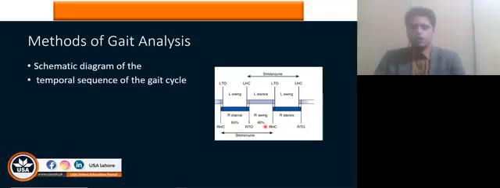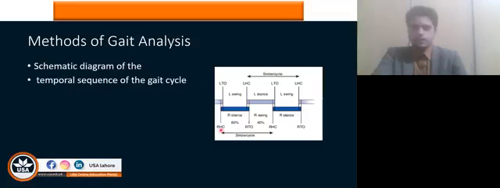The parts written here: HC is heel contact, R is for right, RTO is right toe off.